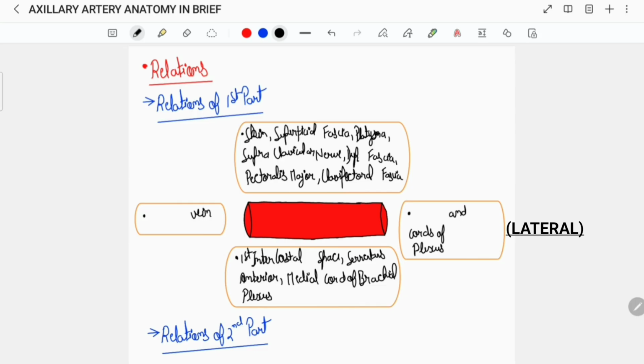Laterally, the first part of axillary artery is related to the lateral and the posterior cords of the brachial plexus. And medially, the first part of axillary artery is related to the axillary vein.